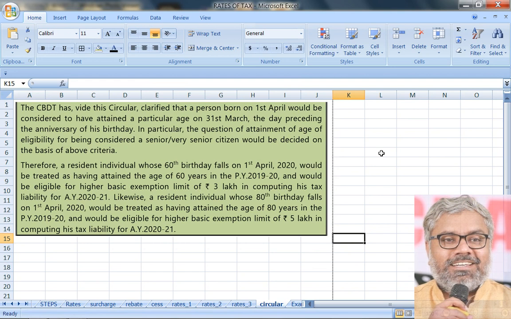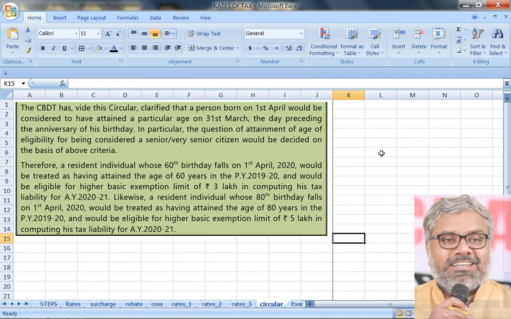So, what do you say when a person is having exactly 1st April as a birthday? According to the CBDT circular, a person born on 1st April would be considered to have attained a particular age on 31st March itself. Means what? The day preceding the anniversary of his birthday.